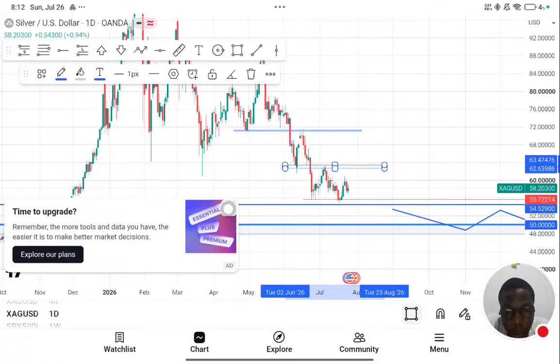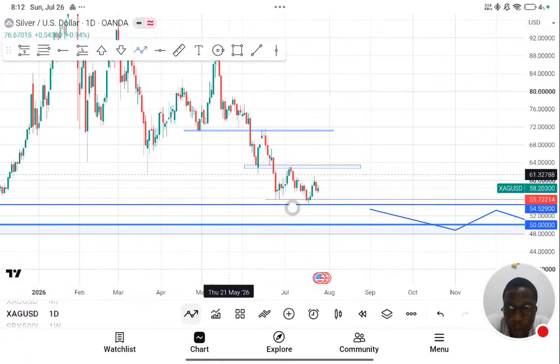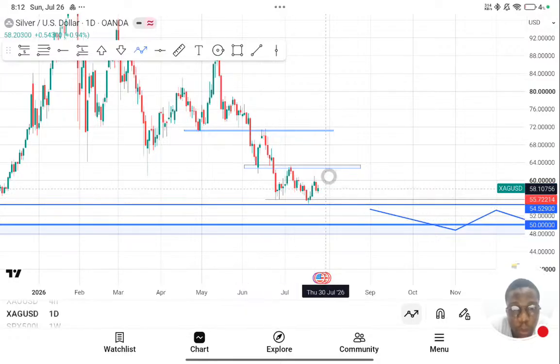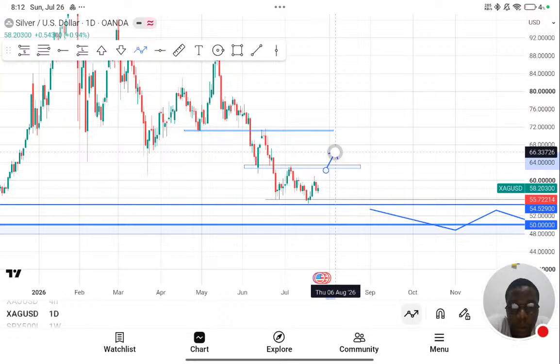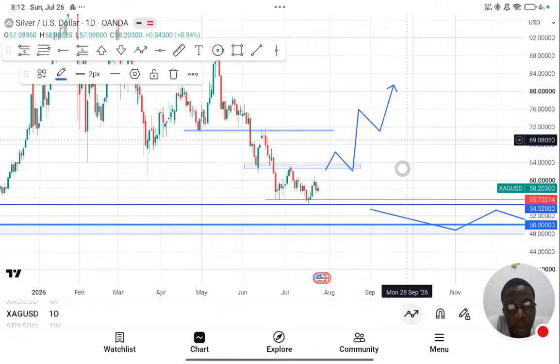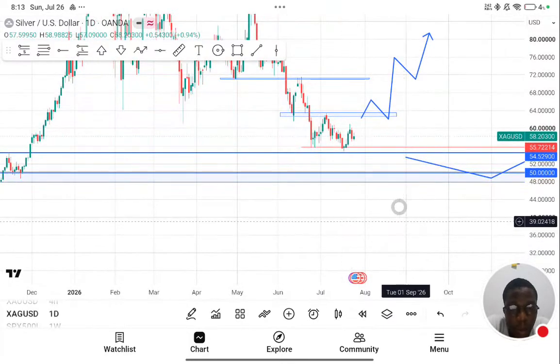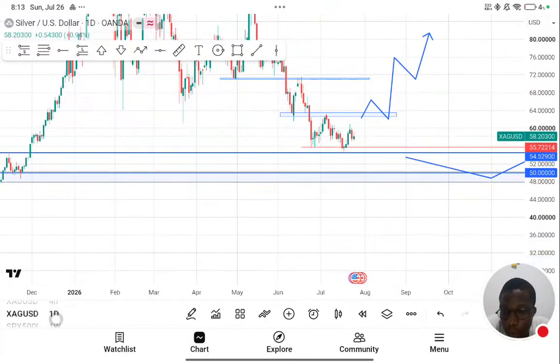So this is the daily perspective of things. Except in the case where it will be overall bullish, when price breaks above this level, makes a new low that doesn't break the previous one, and continues making a new high. That would be bullish on silver, but for now it's bearish all the way down.